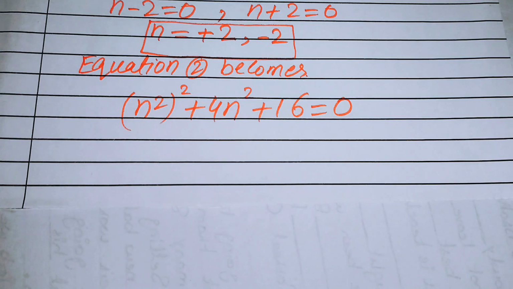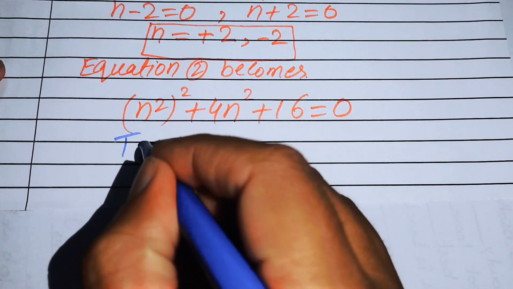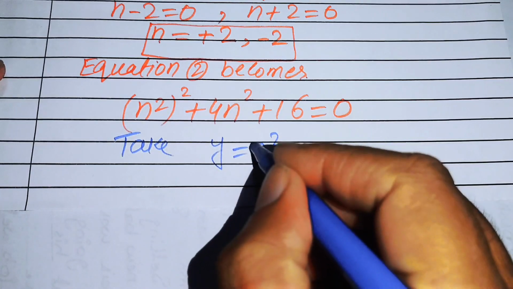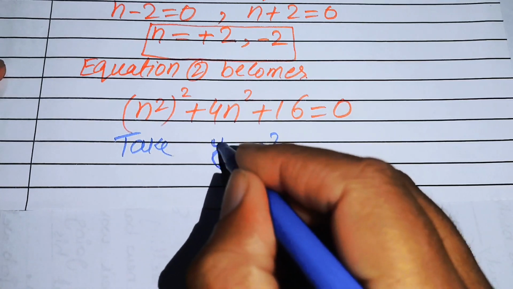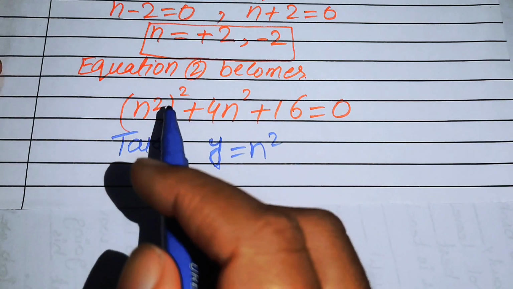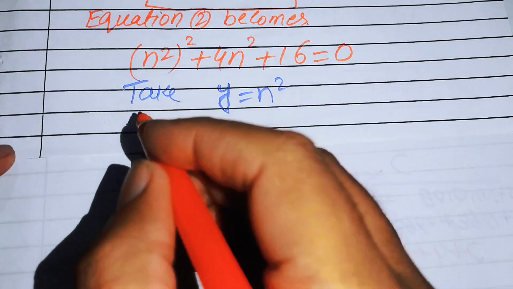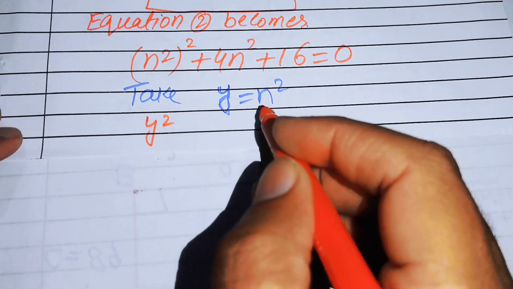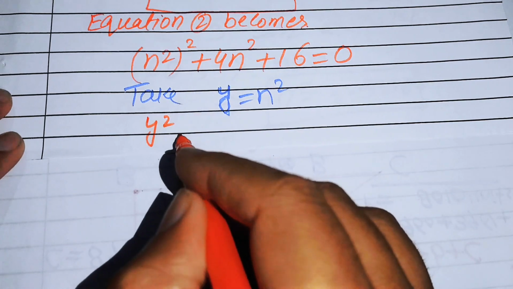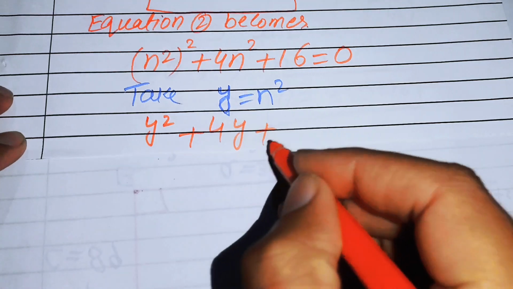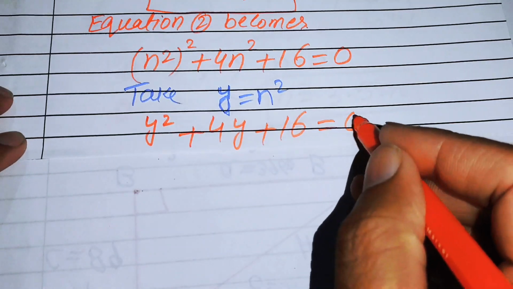In order to convert this into quadratic form we need to make a substitution, so I take y equals n squared. When you put n squared equals y, this equation becomes y squared plus 4 times y plus 16 equals 0.